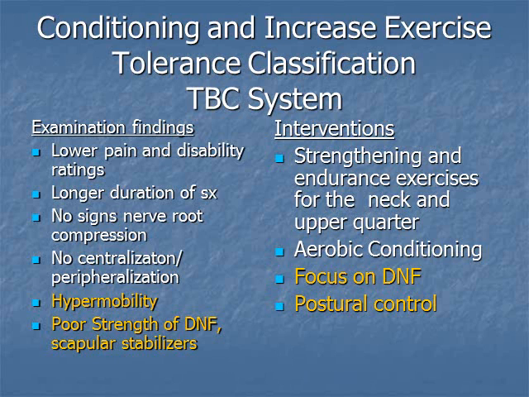They may present with segmental hypermobility and will oftentimes present with poor strength and endurance of the deep neck flexors and scapular stabilizers. Essentially, the idea with treatment is improve strength and endurance of the neck and upper quarter, some general aerobic conditioning. I would add here to focus on deep neck flexor strengthening and adequate postural control.